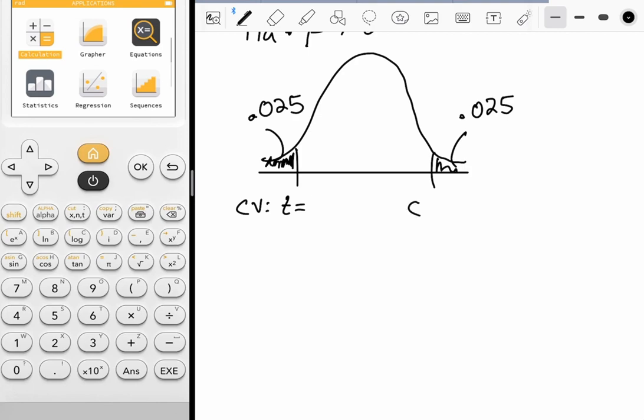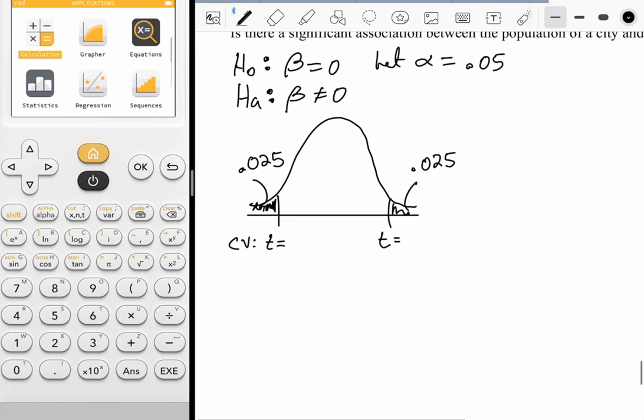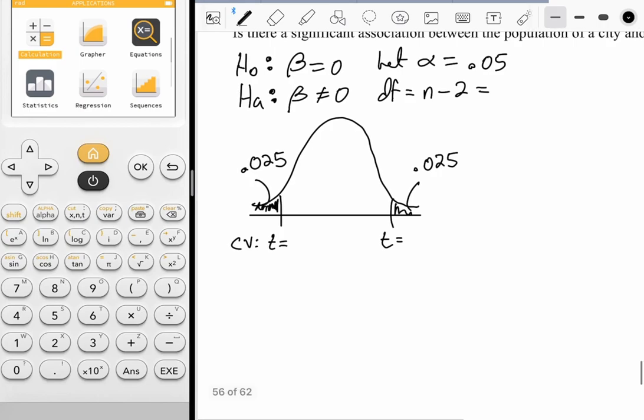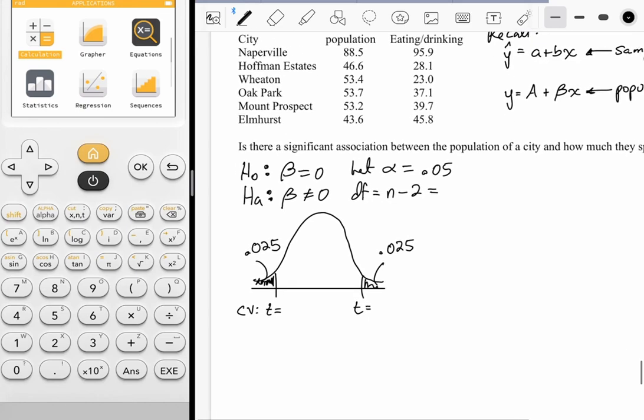But in order to find the critical value or values for a t-distribution, you need to know your degrees of freedom. So in this case, for linear regression t-test, degrees of freedom is equal to n minus 2. All right. Two variables, subtract one twice. All right, so yeah, messes everything up. Everything we thought we knew is wrong.